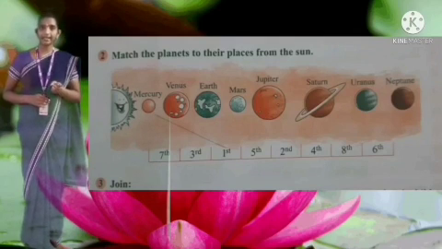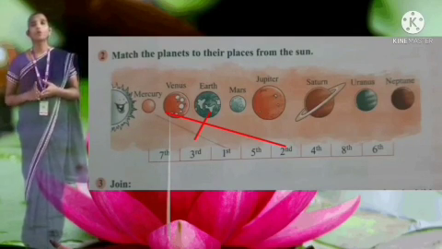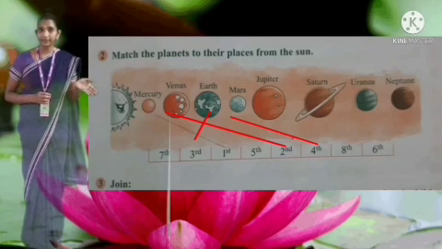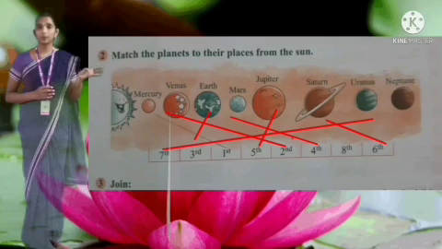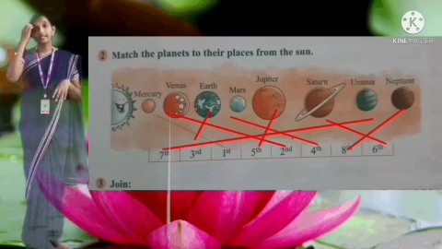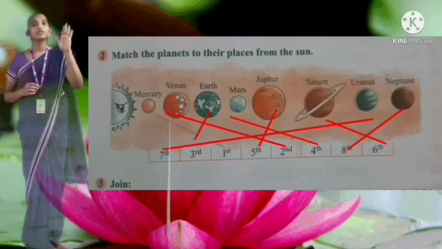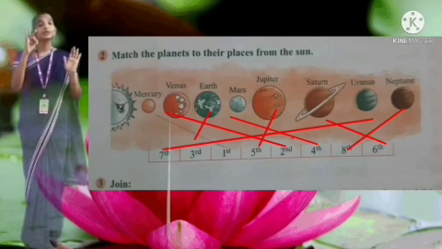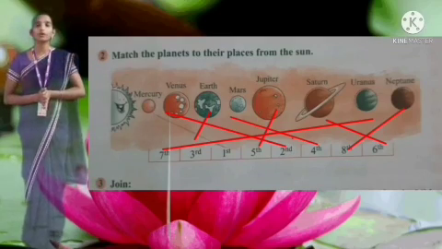Venus second, Earth third, Mars fourth, Jupiter fifth, Saturn sixth, Uranus seventh, Neptune eighth. Yes, so Mercury, Venus, Earth, Mars, Jupiter, Saturn, Uranus, Neptune. So these are the planets you can learn if you don't know them already.